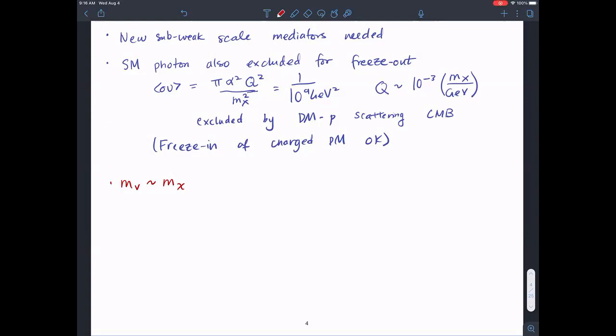This is a light mediator in the sense that it's light relative to all the standard model stuff at the TeV scale. And now we have additional channels that could open up in terms of annihilation. So you could have annihilation directly to the mediator, sufficiently if it's lighter.